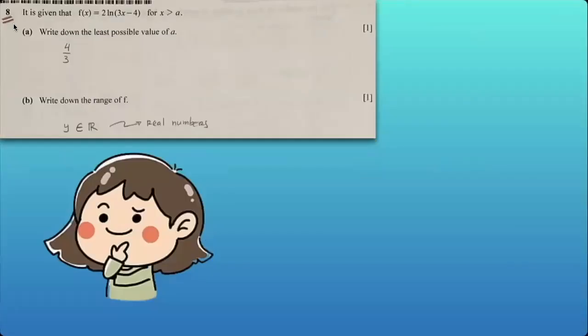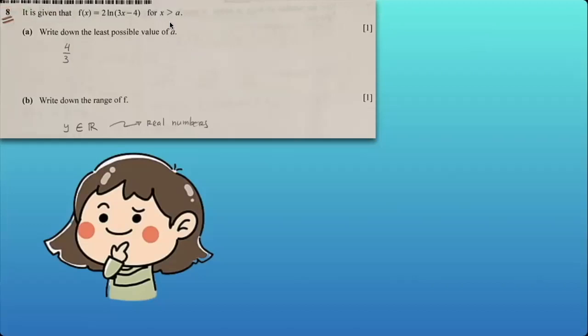Number 8, it is given that f of x is equal to 2 ln of (3x subtracted by 4). Given this condition, write down the least possible value of a. Well, this part here, the part in the bracket, cannot be 0. Therefore, the least possible value of a is 4/3.